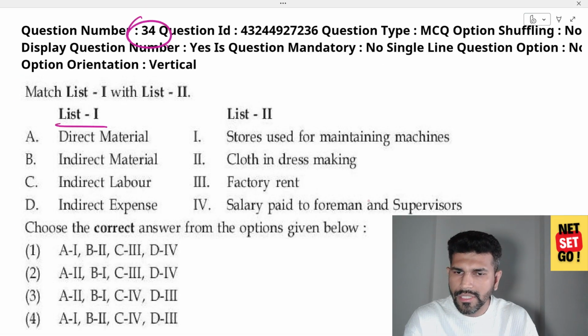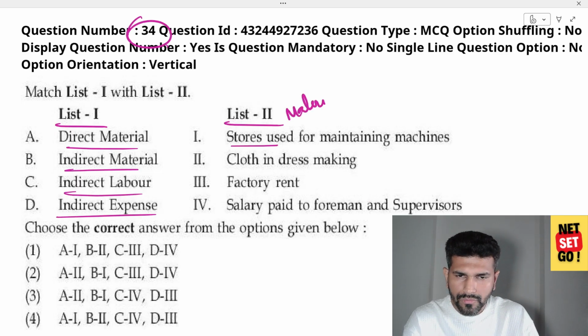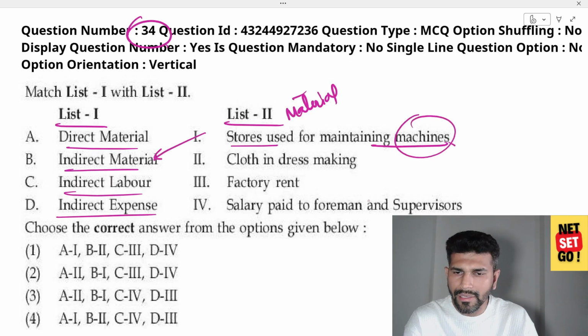Next, match the list 1 and 2. Direct material, indirect labor, indirect expense. List 2: stores, meaning material used for maintaining machines, is indirect material because it is not directly related to production. Cloth in dress making. So cloth is raw material.